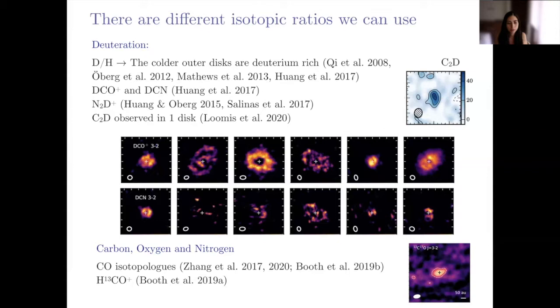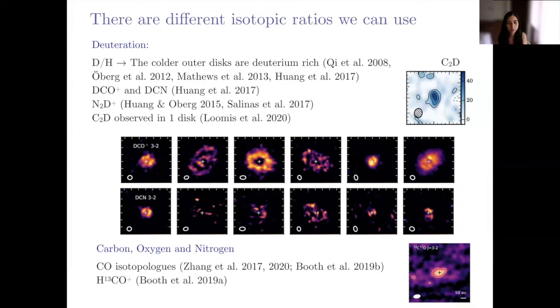HCN is quite interesting for different reasons. It's a small organic, and it's believed to be the starting point of the series of reactions that led to the formation of RNA and proteins, for example. So it has a very important biological meaning. But also, and more importantly for us when we observe disks, it's actually quite bright, which means that we can observe it in many, many disks.